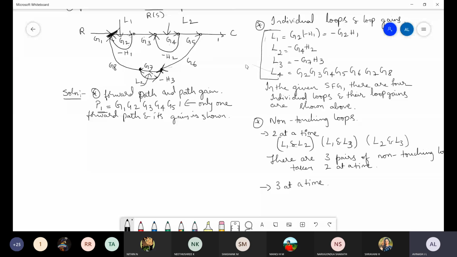This is the combination where three loops are not touching each other. How to see that? L1 with L2, you see if they are not touching each other, go with L1, L2 with L3. Those are all not touching each other. Clear? Anybody having any doubt here? L1, L2 and L3 is the pair where loops are not touching each other.